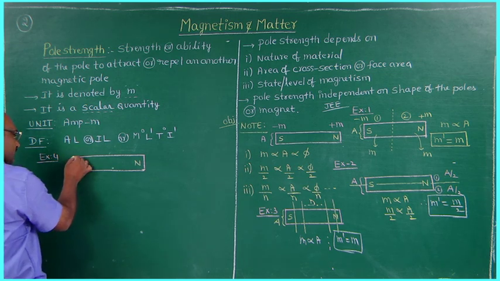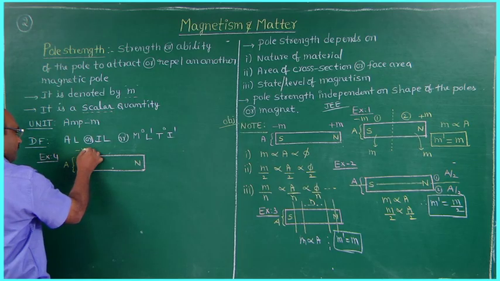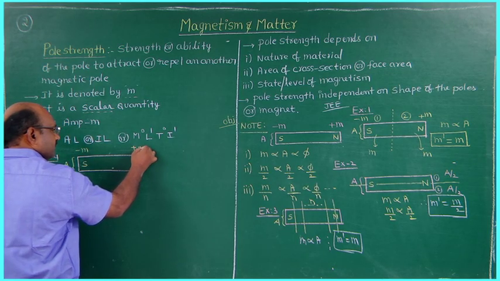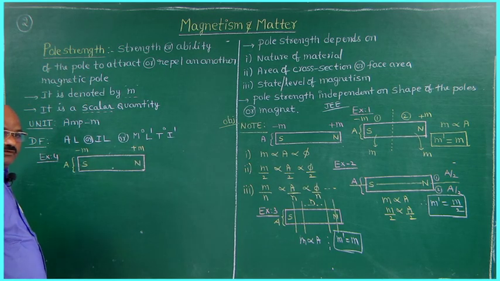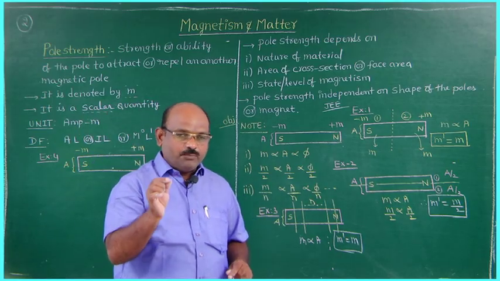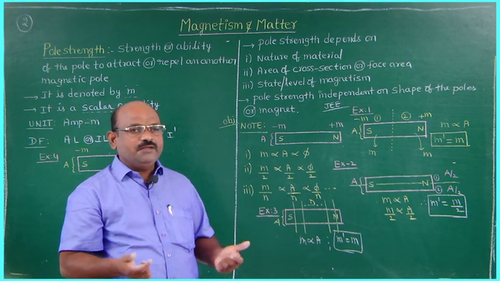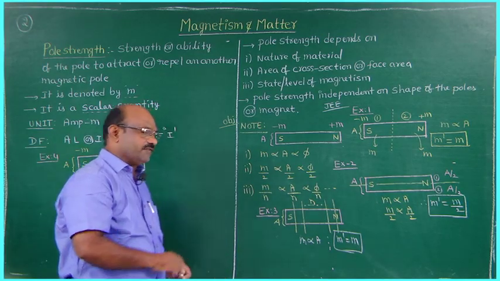Now, the area of cross section is A. The pole strength for this one is minus m, for this one plus m. So, once again I am telling you, in a bar magnet there exists a pair of opposite poles, and those two poles have the same strength, that is the same pole strength, but the signs are different.